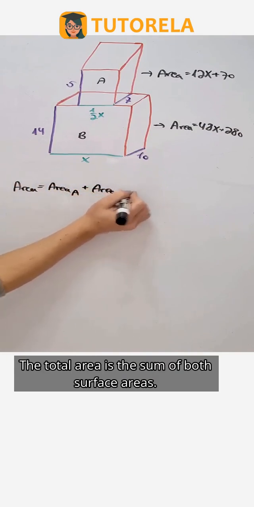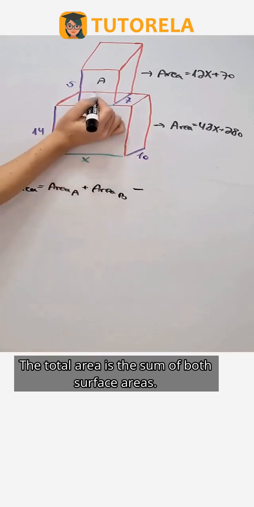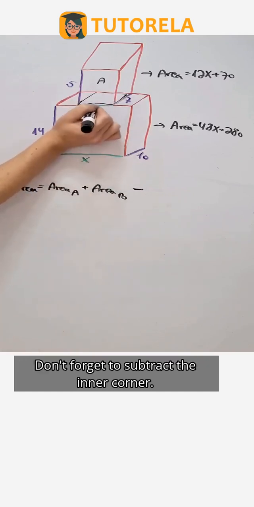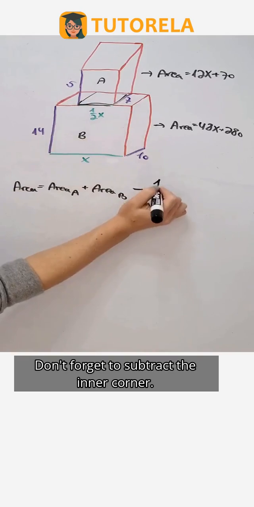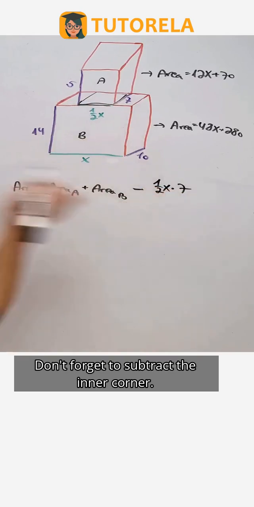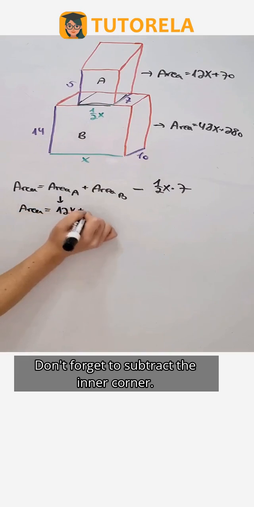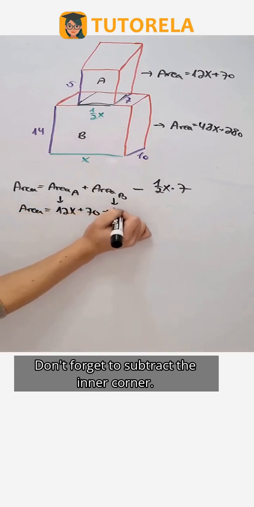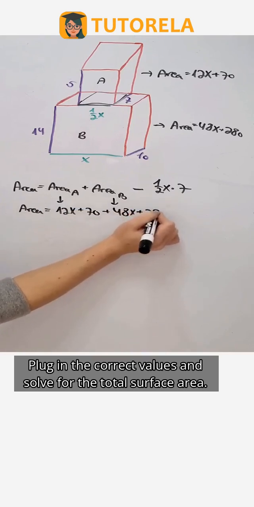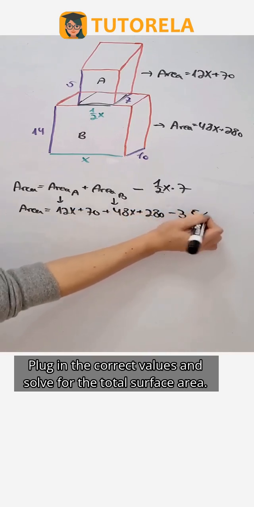The total area is the sum of both surface areas. Don't forget to subtract the inner corner. Plug in the correct values and solve for the total surface area.